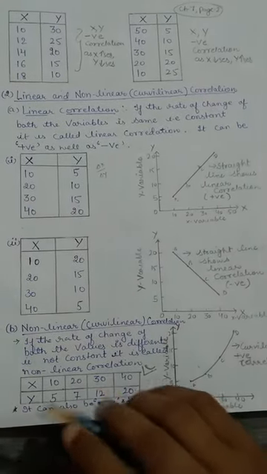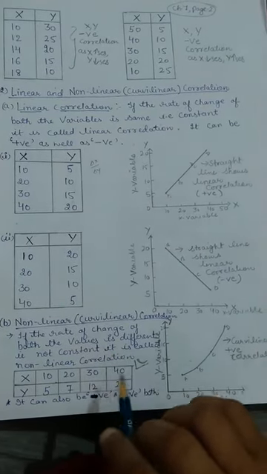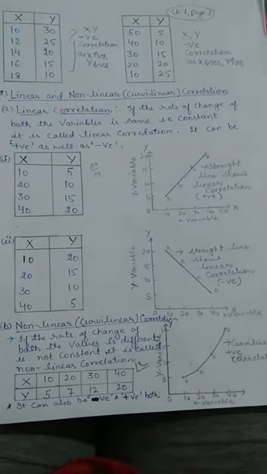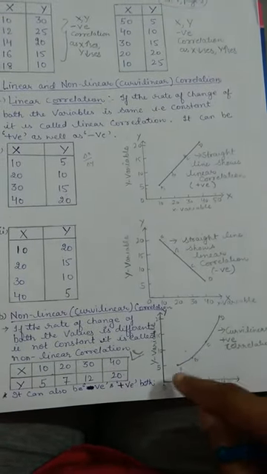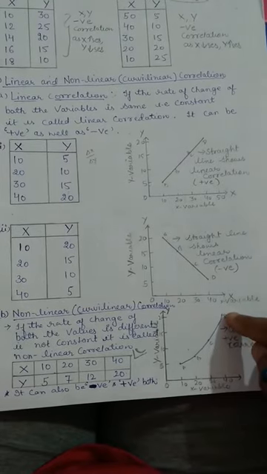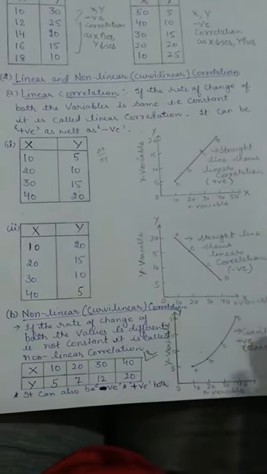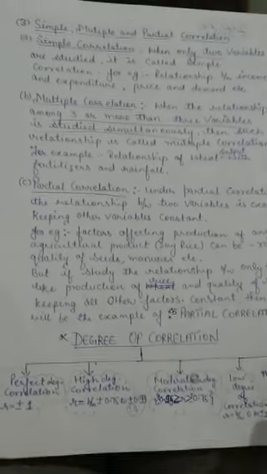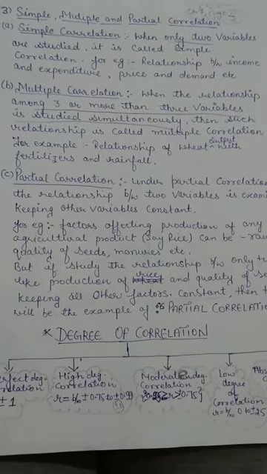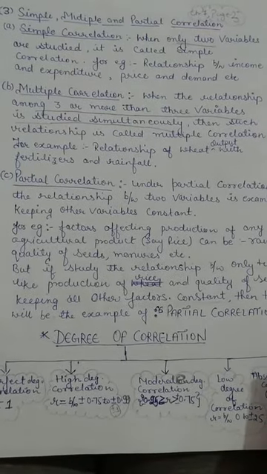The next one is non-linear or curvilinear correlation. In that I have told you that after plotting you will find a shape in the form of a curve. This curve can be positive sloped, and this curve can be in this shape, that is a negative slope also. After that we have done simple, multiple and partial correlation. Simple means when we are finding correlation between two variables.